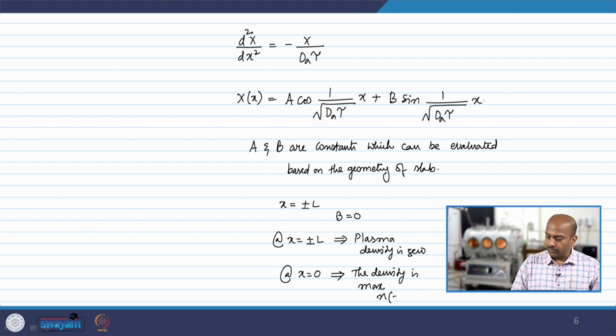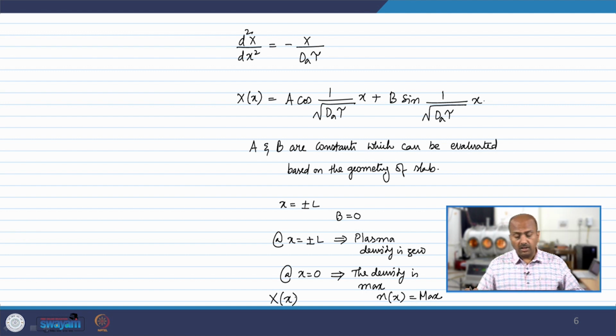So, n of x is max, but you are not calling it n of x, you have given a specific name to that, capital X of x, which is actually the number density, number of charged particles per unit volume as a function of x only. So, the point is, in any given volume, the plasma density, because of the diffusion or the collisions, can change across the distance or with respect to the time. This is the thing, right.